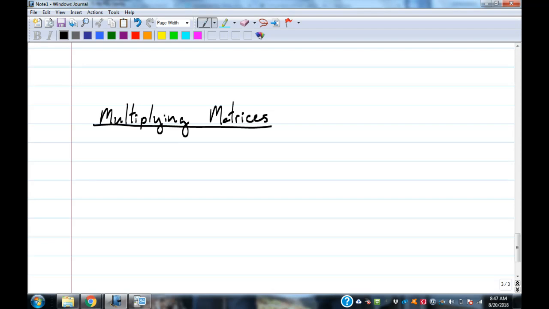Multiplying matrices, just because each matrix has the same size doesn't mean it's legal to multiply them. For multiplying matrices, you got a left matrix and a right matrix.